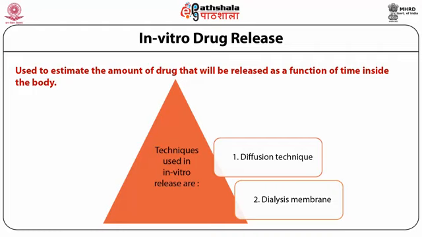Small aliquots of dissolution media are taken at certain intervals of time, and the amount of drug released is determined by UV spectroscopy or HPLC. Sink conditions are maintained throughout the study by replacing the amount of media withdrawn with the same amount of fresh media. Thus, the volume of the receptor dissolution media remains constant.